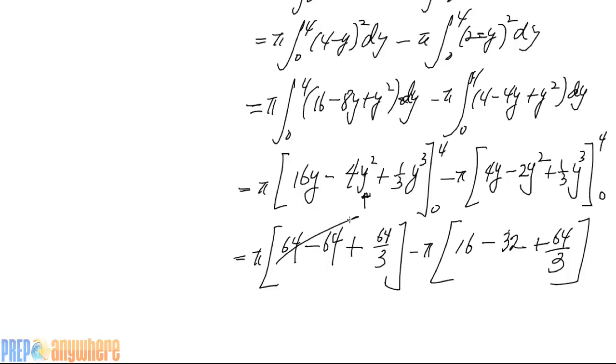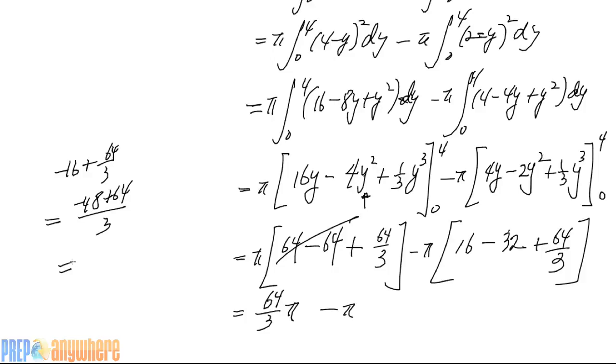So that's gone. From the first bracket, we get 64 over 3 pi. From the second bracket, we have a minus 16 minus 16 plus 64 over 3. That's a minus 48 plus 64 over 3. That's 16 over 3, right? So you get 16 over 3 pi.